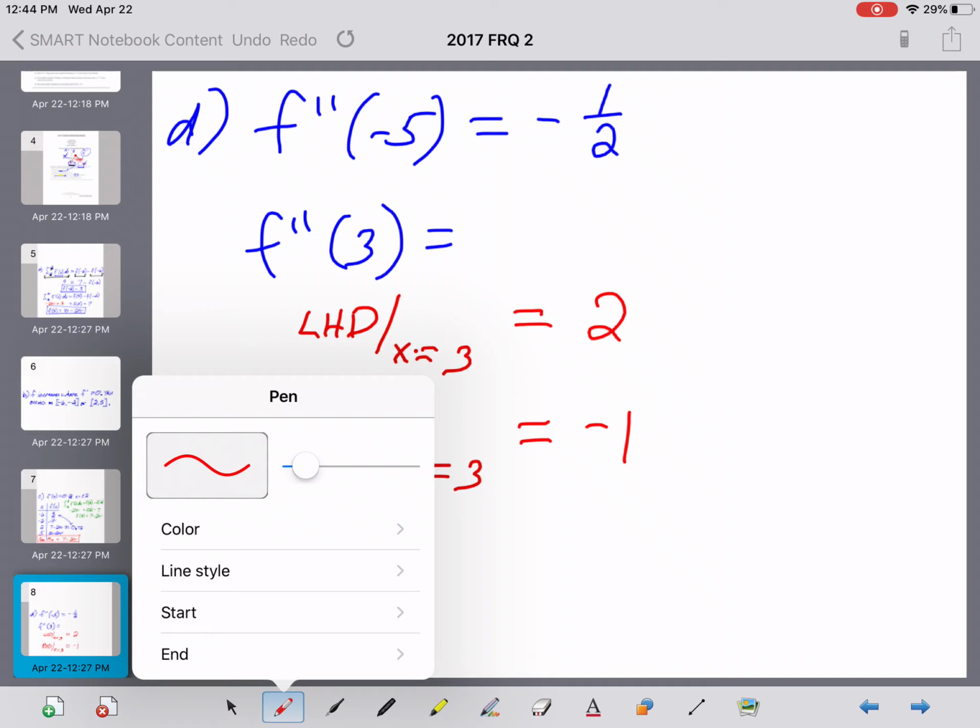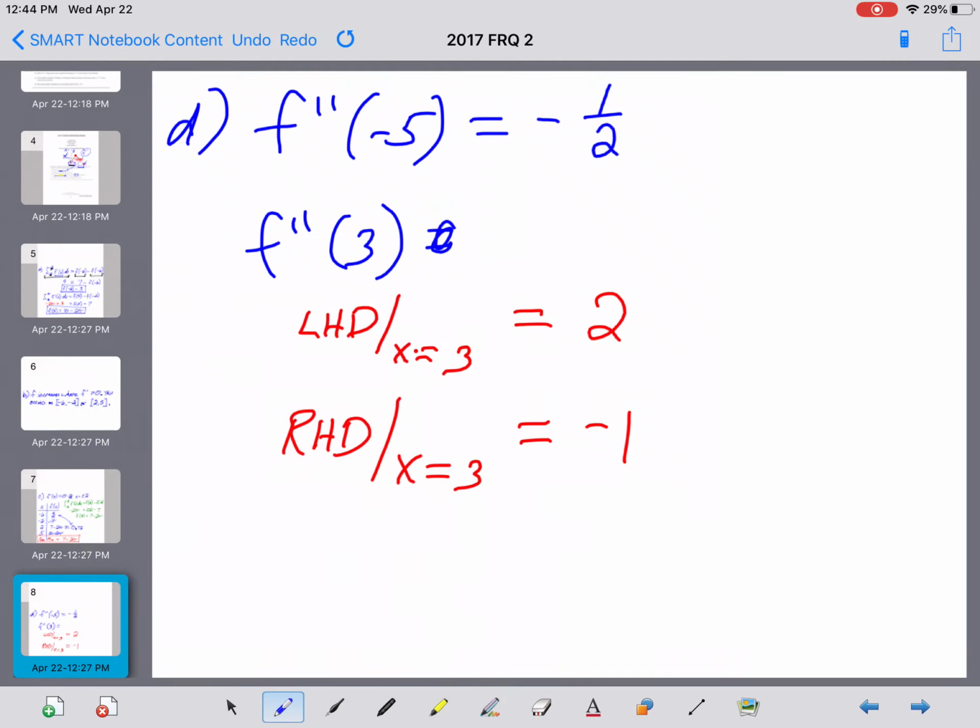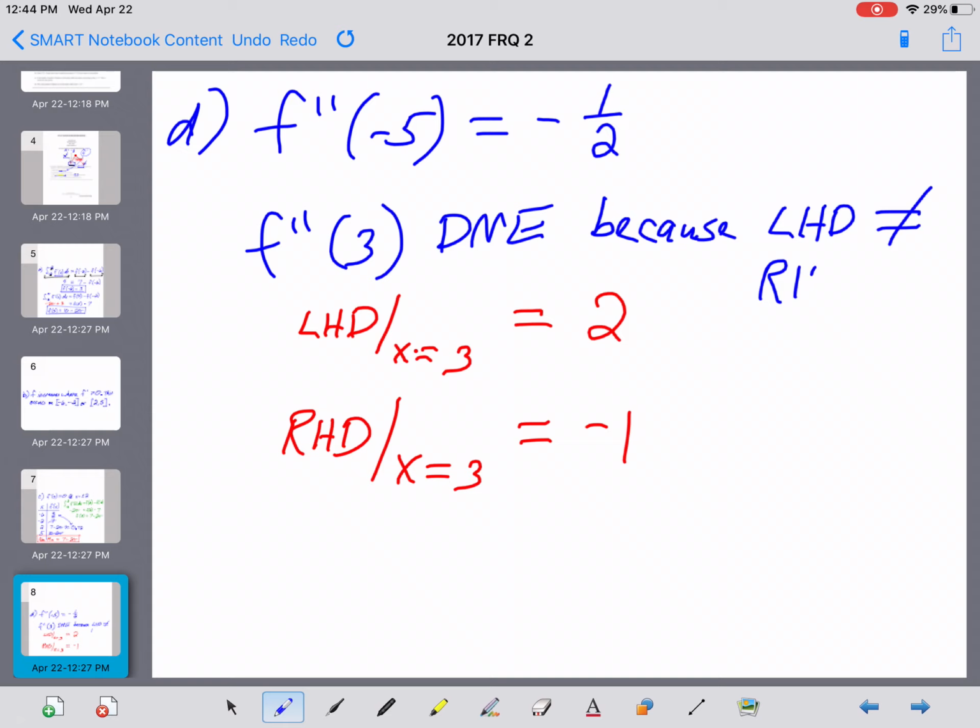So what I think we can say with some certainty right here, let me go ahead and get rid of this equal sign. Sorry about that. We can say that f double prime of 3 does not exist, and our reasoning here would be because the left-hand derivative does not equal the right-hand derivative.